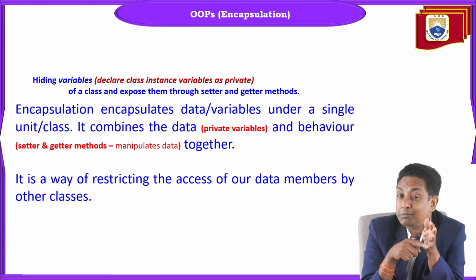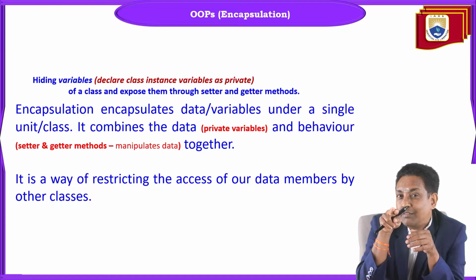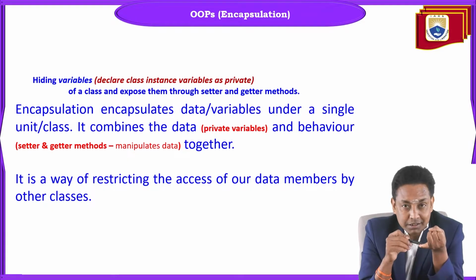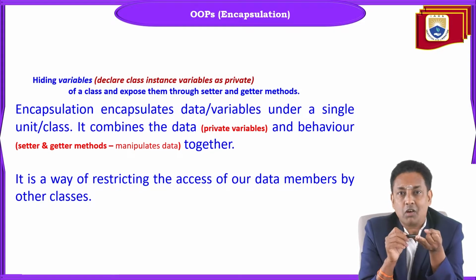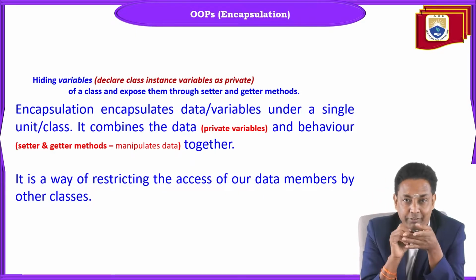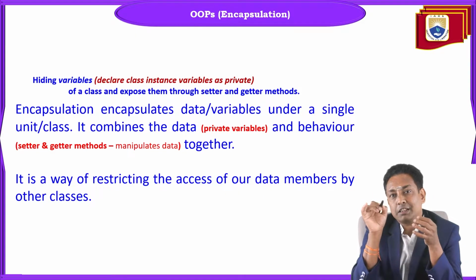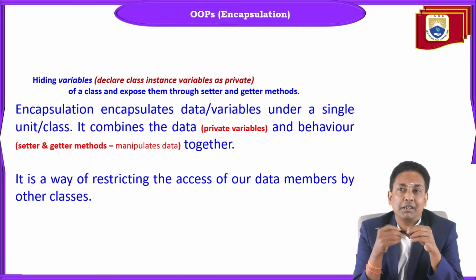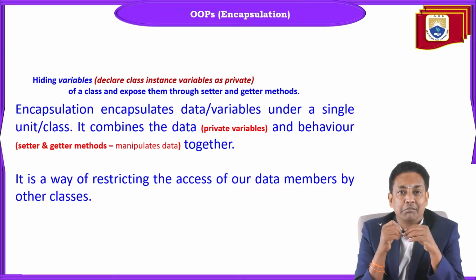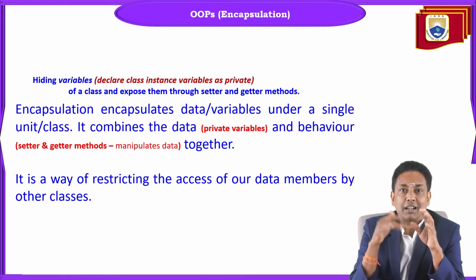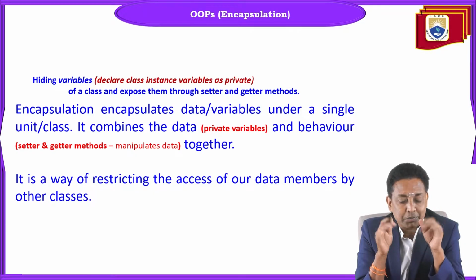In a class, other than variables, what other members are available? Constructors exist, methods exist. So if variables in a class are declared as private, its constructors and methods written in the same class can access those variables, but outsiders cannot access them. That is the point. Okay, very good.